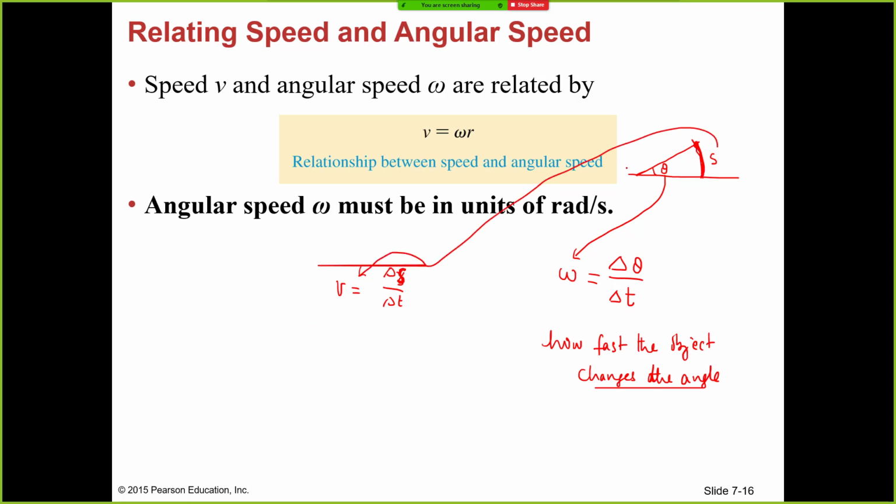And just like there is a relationship between theta and s, so s is r theta, likewise, we have a relationship between v and omega. So v is omega times r, or r times omega. Okay. So this is how fast it changes the arc length.